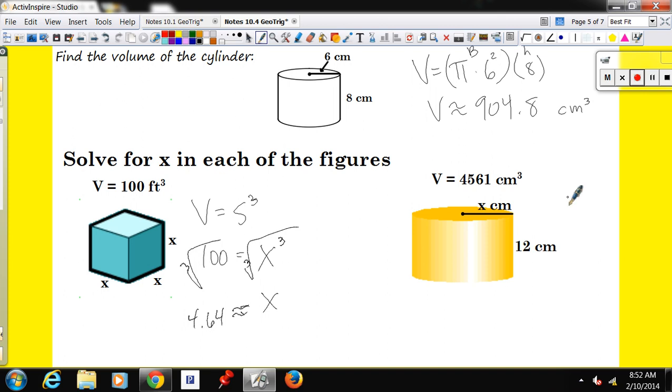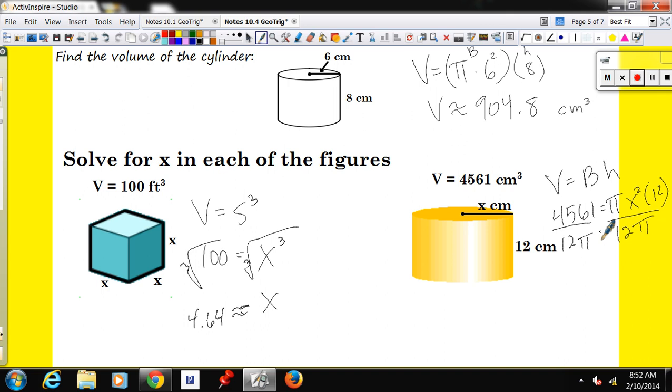When we have a cylinder, your volume would still be the area of the base times the height. So it's 4,561 equals pi times x squared times 12. So you would divide both sides by 12 pi. I think it's 4,561 divided by 12 pi.